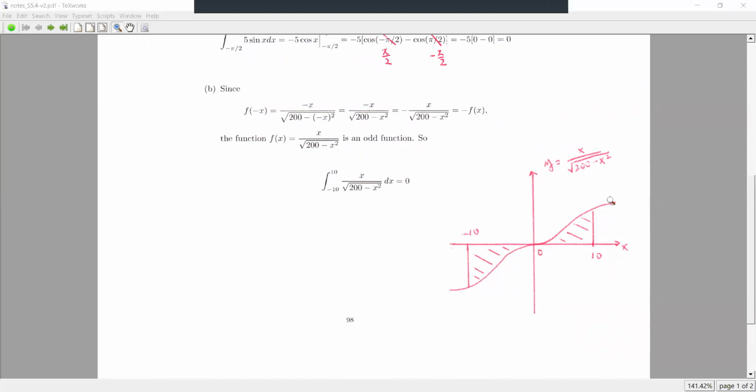The area of this shaded region above the x-axis is this area, and the area below the x-axis is this area. These two areas are equal. So therefore, the net area of this shaded region is 0, and therefore, this integral is 0.